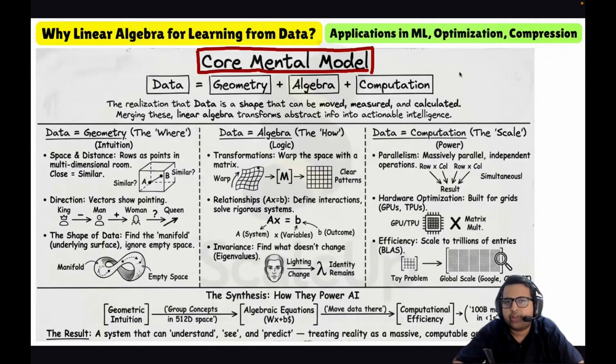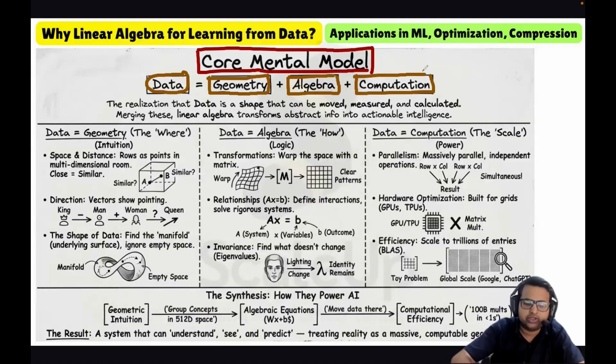So data is the sum of geometry, which is the patterns, algebra, the mathematical techniques, and computation.